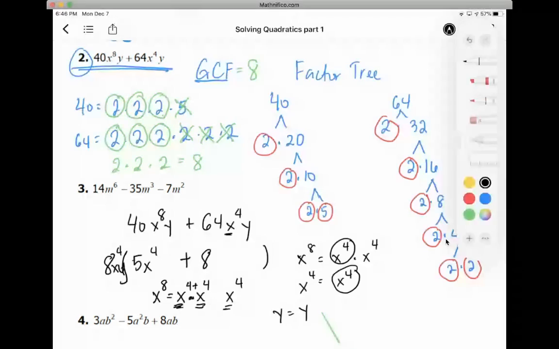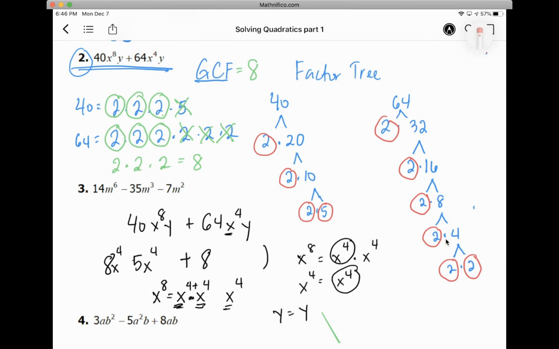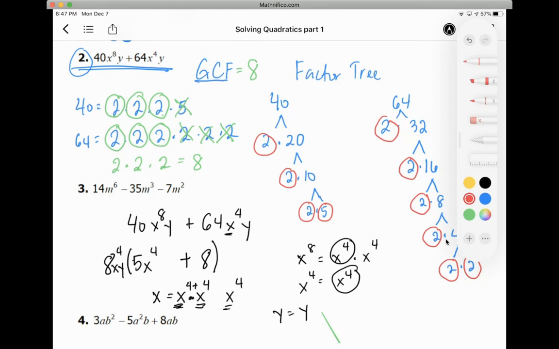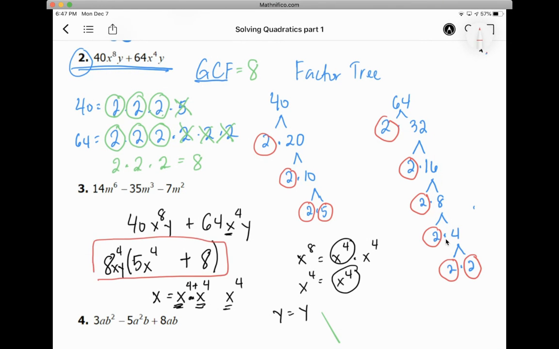Let me move that parentheses. Take out the y. And that's pretty much it. So this is my final factors.